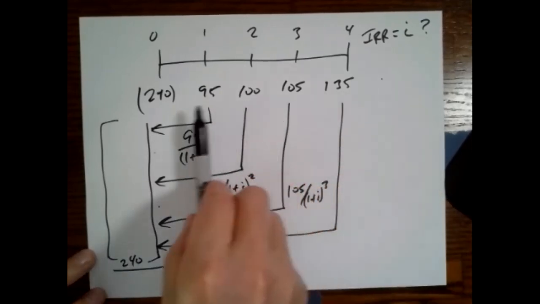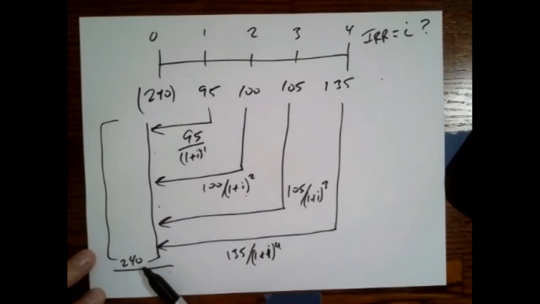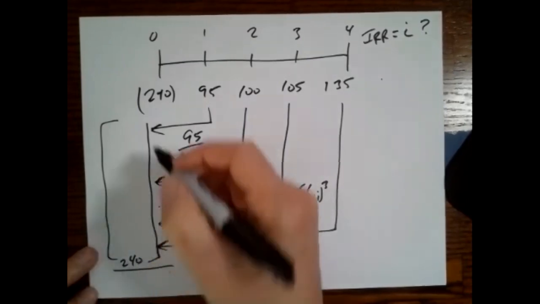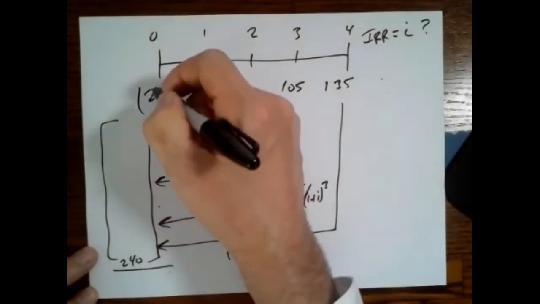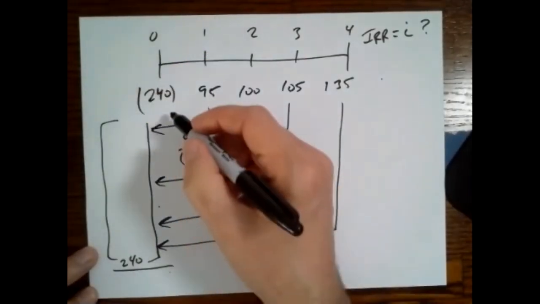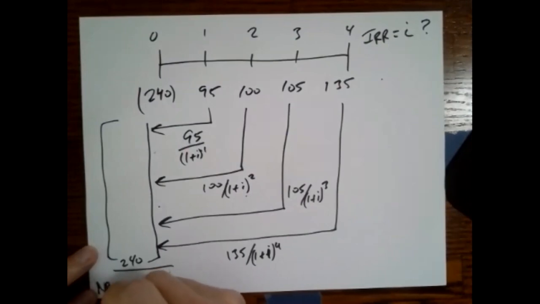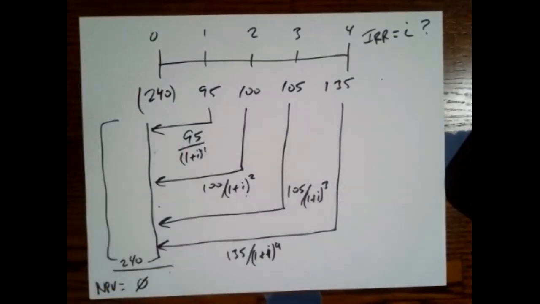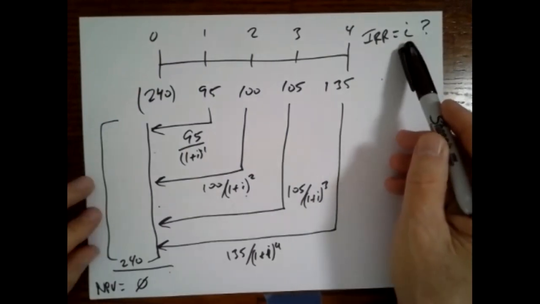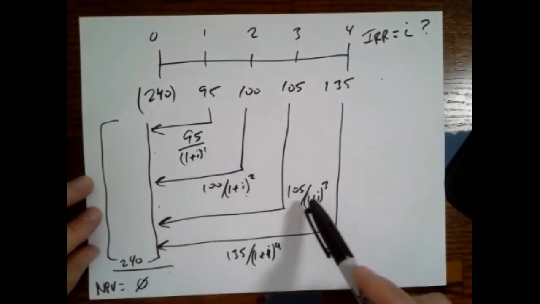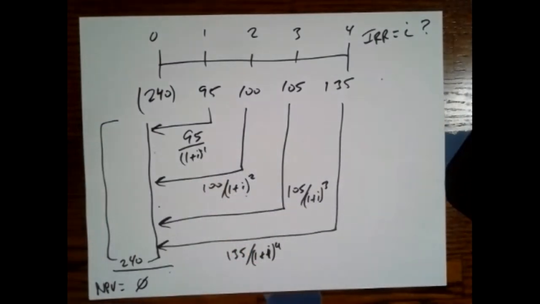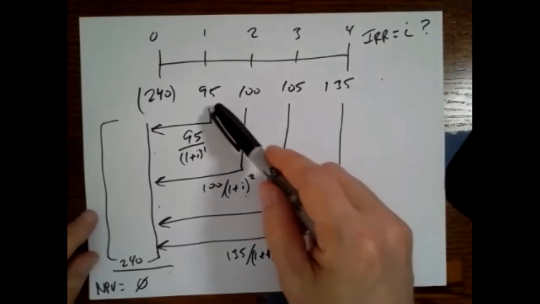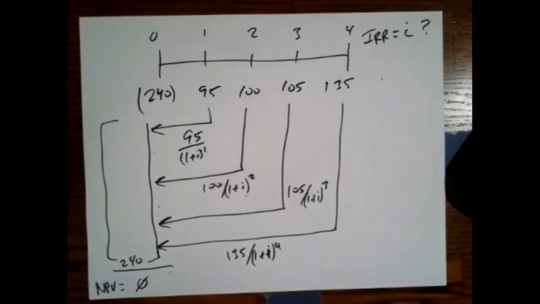So when I add up all these present values, it adds up to 240,000, so that when I add my 240,000 to my negative 240,000 initial cash outlay, I wind up with an NPV of 0. The IRR is the interest rate that I would plug into each of these formulas. Okay, so I'm trying to rehash for a minute the theory behind what the IRR actually was, because this one is a little tricky.